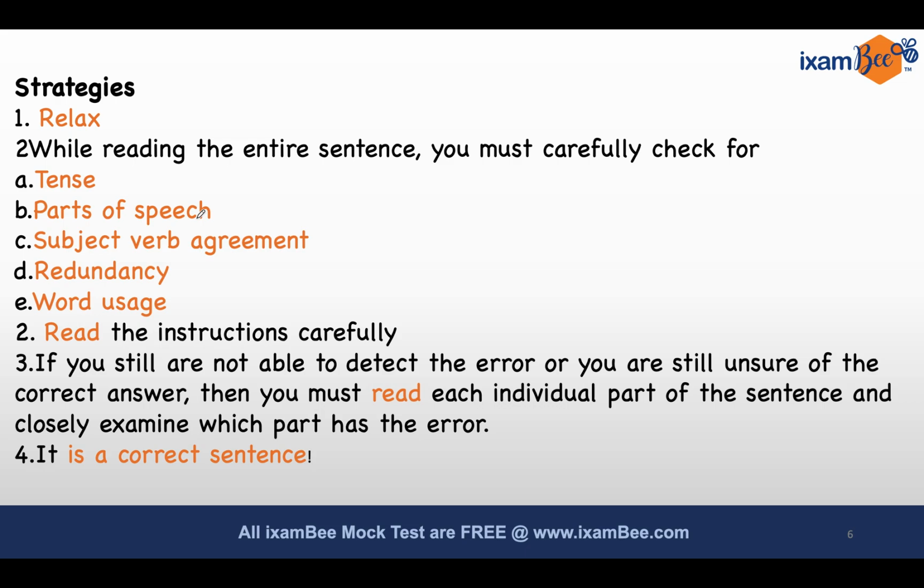Sometimes they give you the correct sentence because that's a trap. They want you to waste some time. So it might just be a correct sentence. If you cannot find a mistake, it can be a correct sentence. You don't need to spend a lot of time looking for mistakes when you cannot find one.